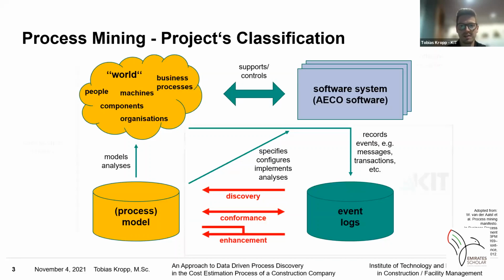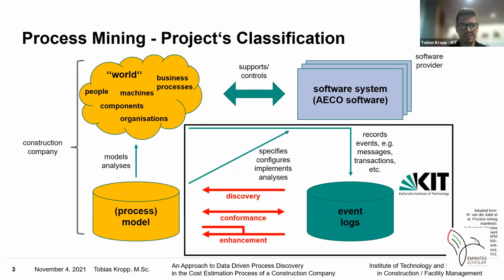Here you see on the left side the construction company that has the process models and works in a software system. In our case, it was the software system I2, which was used for calculation of building elements and the cost calculation of the whole building, and also to estimate the measurements of the building. We took their data and tried to analyze it.